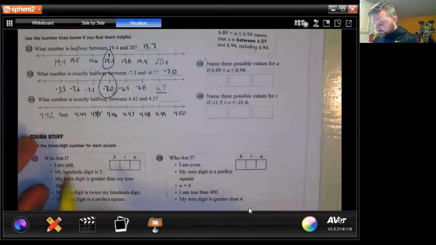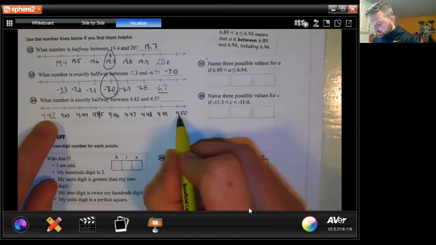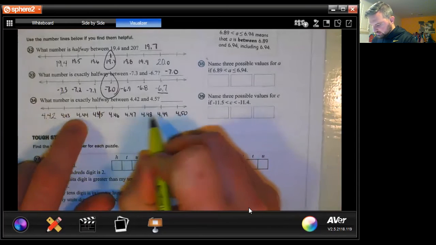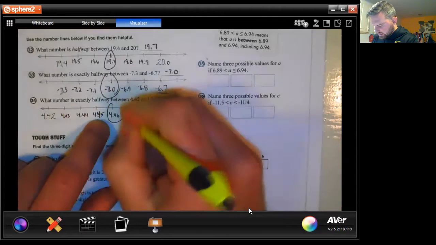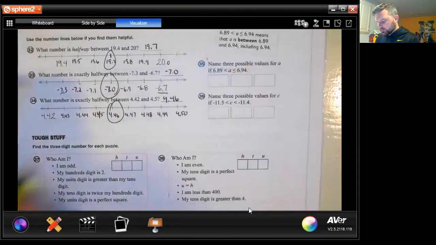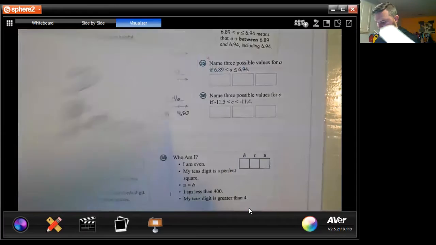Let's check that. Start on each end, 442, 450. You go 1, 2, 3. That one right there is the 4th number in, which is what we found as well.